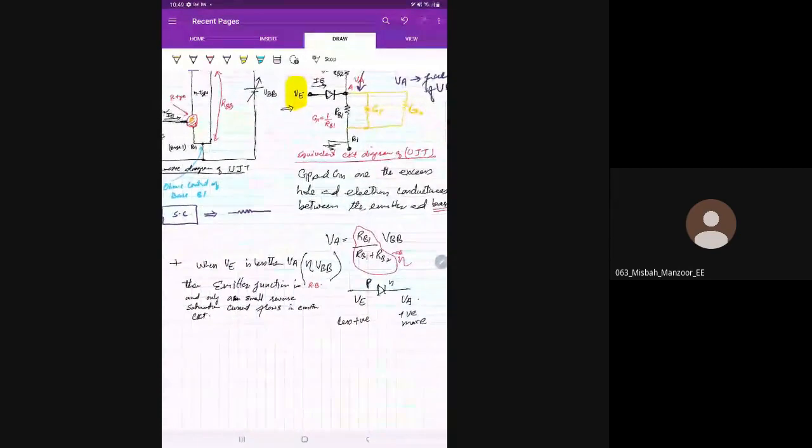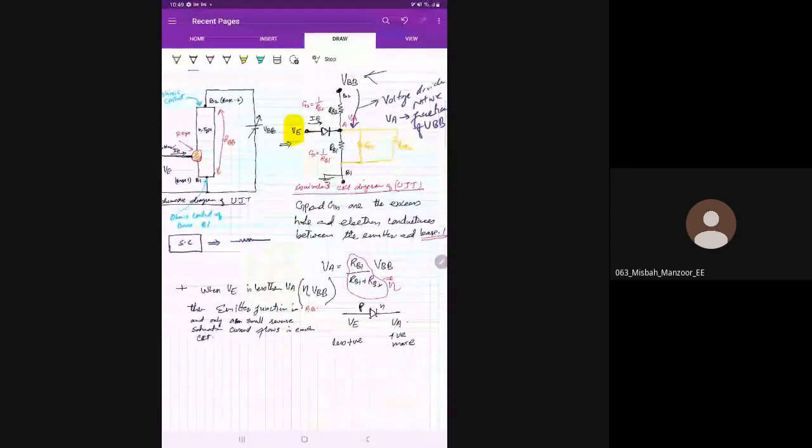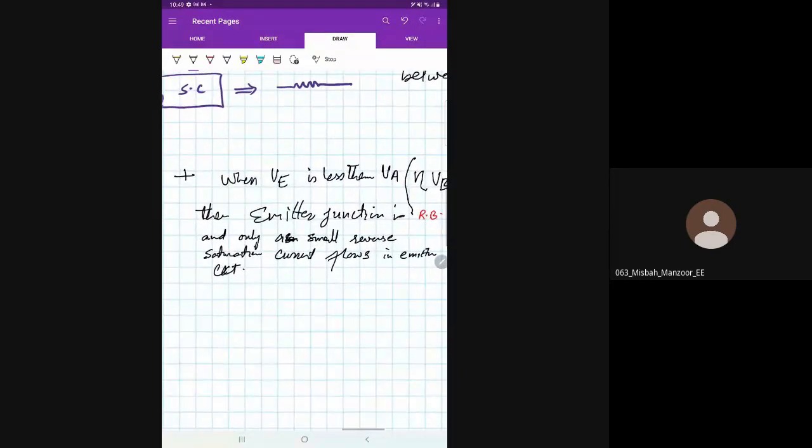What will be IE? IE will be equal to a very small reverse saturation current of the diode. That means practically no current flows in the emitter circuit; whatever flows is very small, equal to the reverse saturation current. We have already discussed reverse saturation current in the PN junction in detail, so I don't think we need to explain it here again.